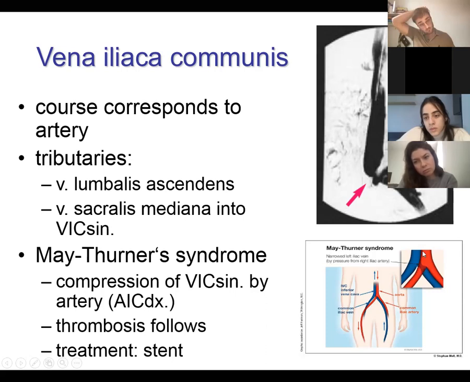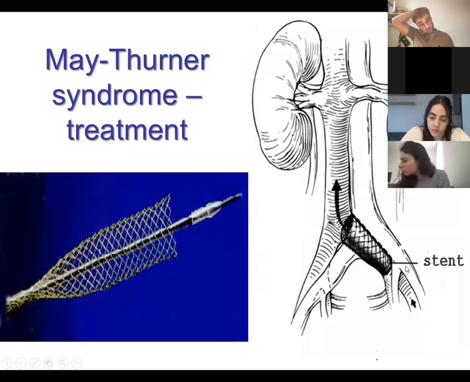Yeah, this is a normal situation that it's compressed, but in case you again suffer from thromboembolism, thrombosis can develop here. Then it's called May-Thurner syndrome. Yeah, May-Thurner syndrome, and we solve it easily. We put a stent here to enlarge the compressed area.